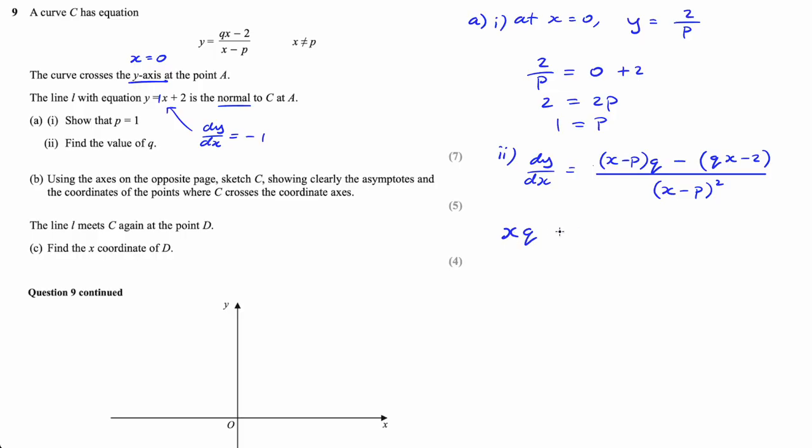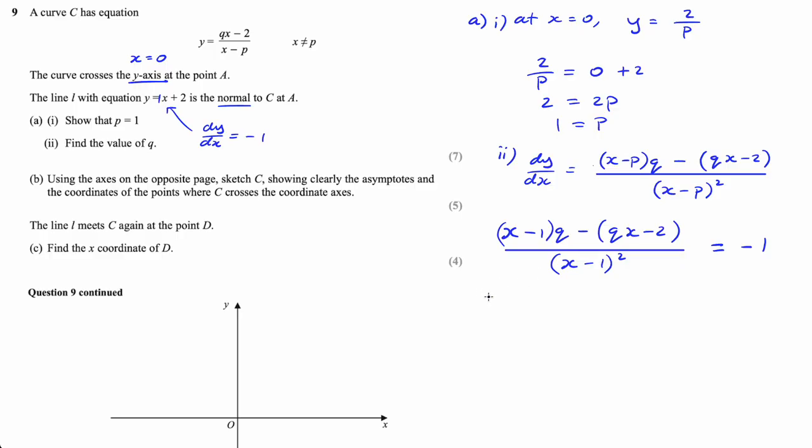So this is x minus 1 times q minus qx minus 2 all over x minus 1 squared. This must equal -1. Now what is x at this point? Well, at this point x is 0, because this is where it crosses the y-axis. So x is 0.